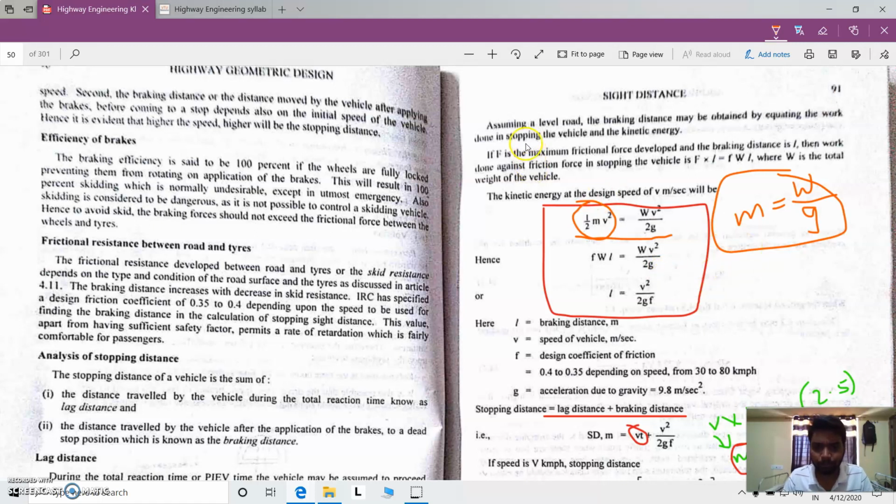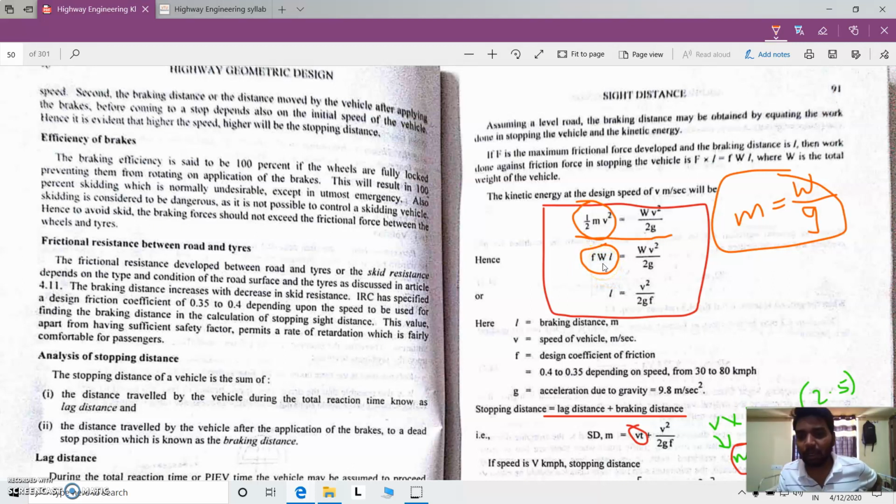Here F is the friction value developed during the braking distance, and L is the distance traveled during braking, and W is the total weight of the vehicle.